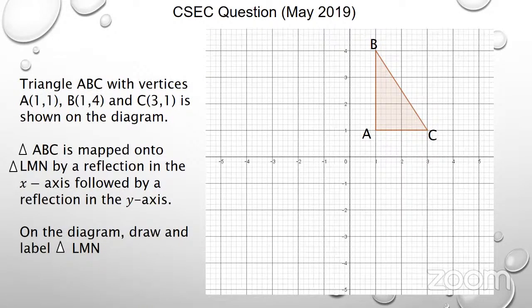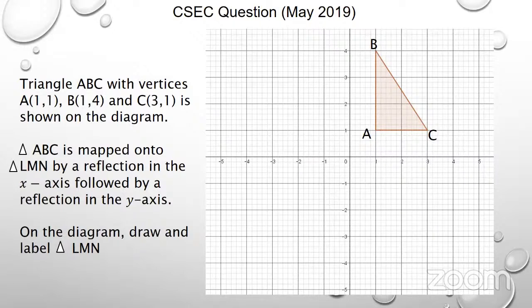So triangle ABC is mapped onto triangle LMN by a reflection in the X-axis, followed by a reflection in the Y-axis. Now, this is your opportunity to apply some of what was said this morning. We don't have GeoGebra, and so we're going to literally do this together.